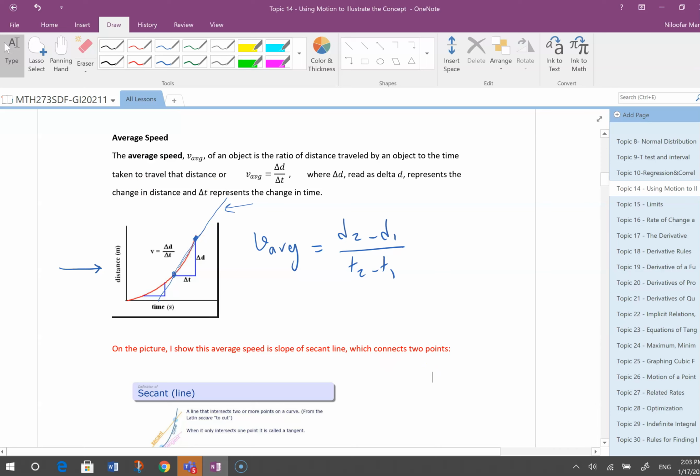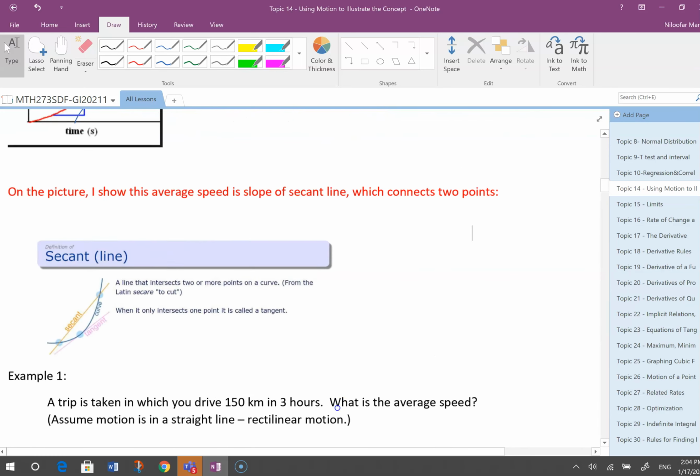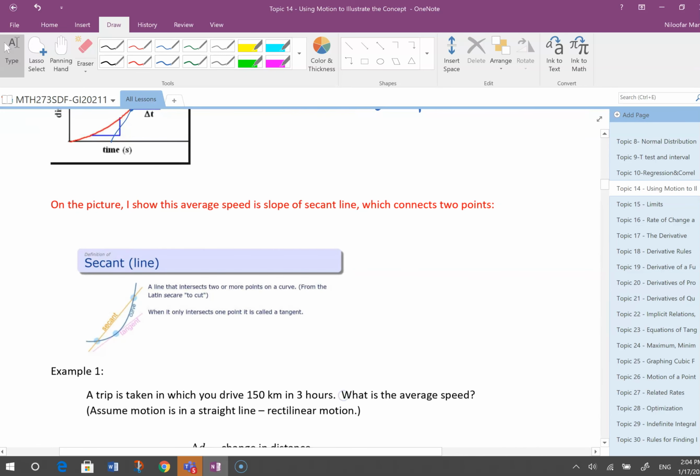So I can define a secant line and then relate this to the secant line. A secant line is when I have a curve and, for example, a line which connects 2 points on the curve. Each curve has many secant lines because when I change the 2 points, the secant line is going to change.